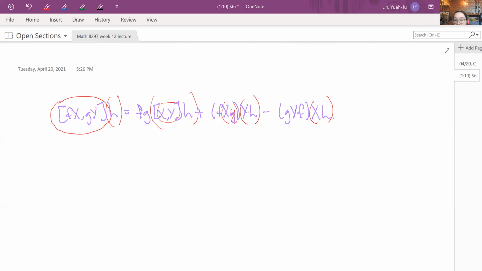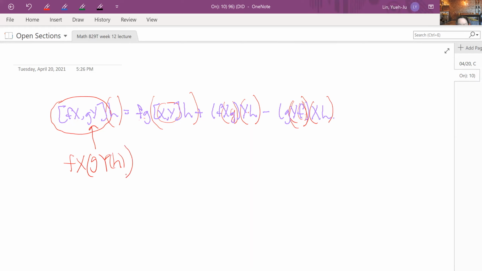This is not just y times f. This is already y evaluate f. And essentially what you do is you start with the left hand side, right? Then you use the Lie bracket definition. So you will have essentially fx gy acting, so this would be gy acting on H. But then you take f times x acting on that.